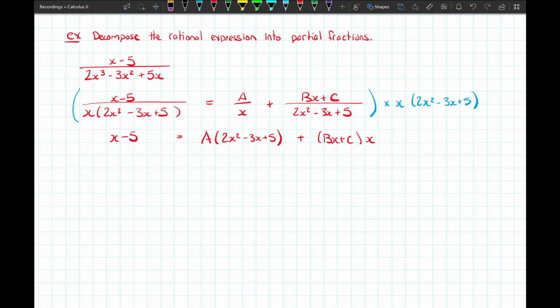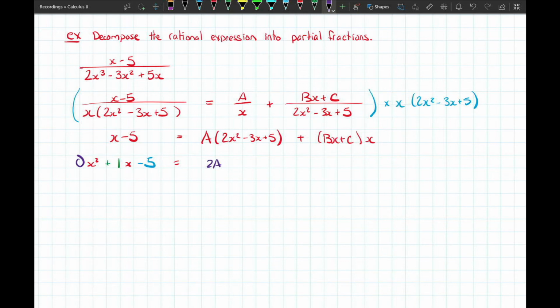In the first method that I'll show you here, I'm going to expand out and collect terms. So I'm going to collect all of the terms that involve x squared, all of the terms that involve x, and all of the constants. On the left-hand side, there are no x squared terms, but I'm going to write 0x squared just because. Now we have 1x and constant minus 5. On the other side of the equation, I have x squareds that are going to pop up from the first multiplication here. A into 2x squared will give me 2A. And from my second expansion here, I'll have Bx multiplied by x.